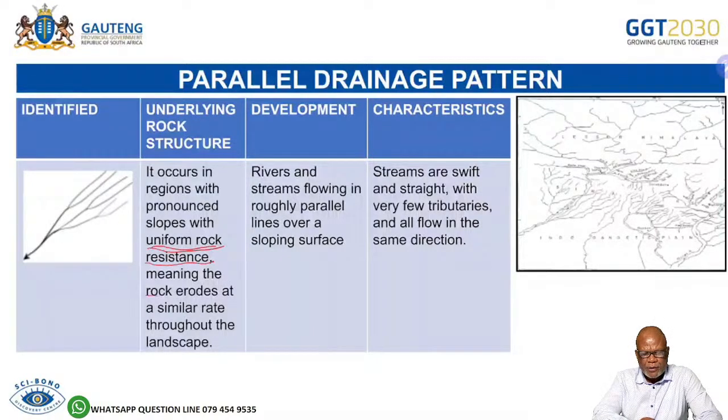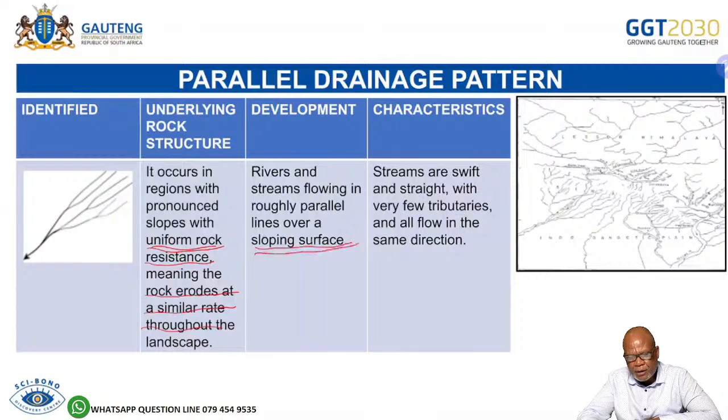The rocks here, just like in the dendritic pattern, have got similar resistance. So how does it develop? Its development: rivers and streams are flowing in roughly parallel lines over a sloping surface. So the area is steeper as compared to the area in a dendritic pattern.